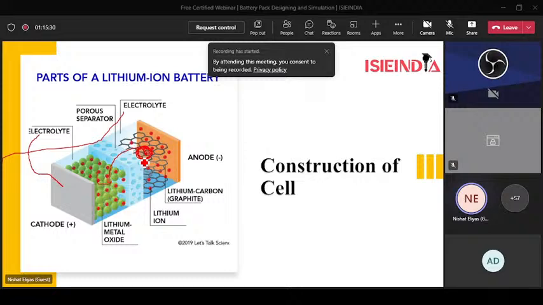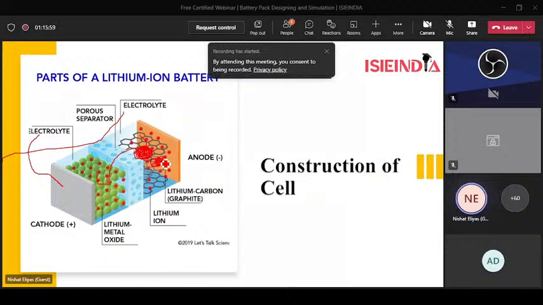Here the material used is graphite, which is a layered structure of graphene. When we go to the atomic level of graphite, you will find the 2D structure, that is the graphene, and graphite is the layered structure of graphene. The lithium ions get trapped in this, or sometimes intercalated between the sheets.